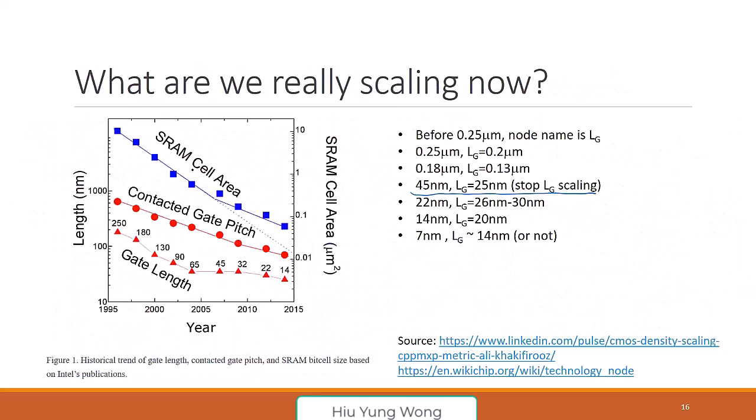But in reality, we have more capacitance. If you look at a 3D view of your transistor, you will see that this is N plus, and then you actually have some oxide here, oxide, and then you have this metal.